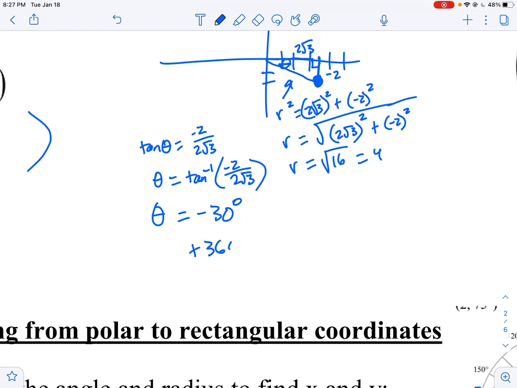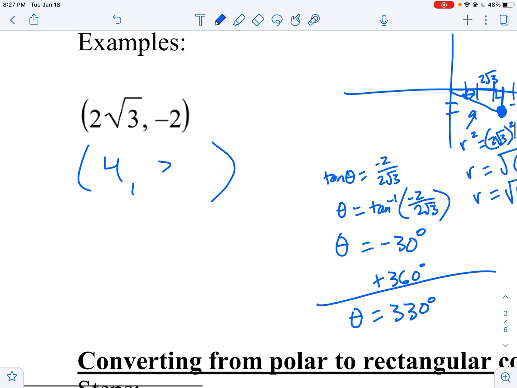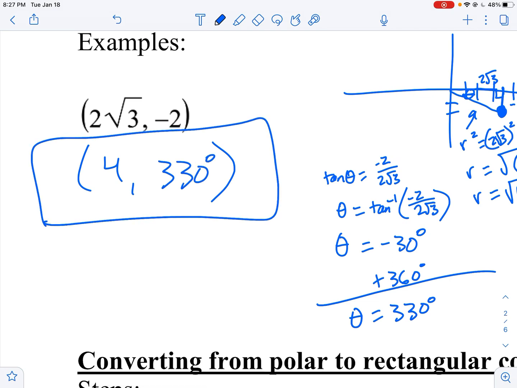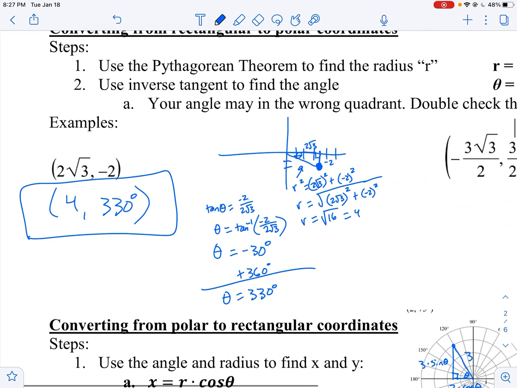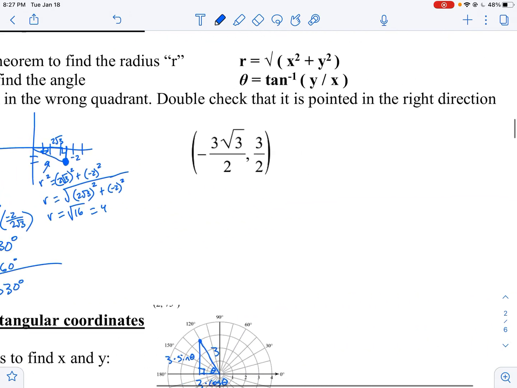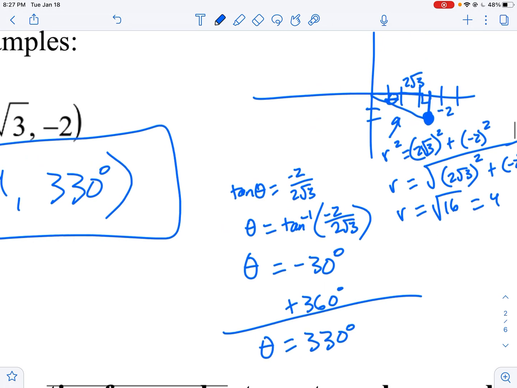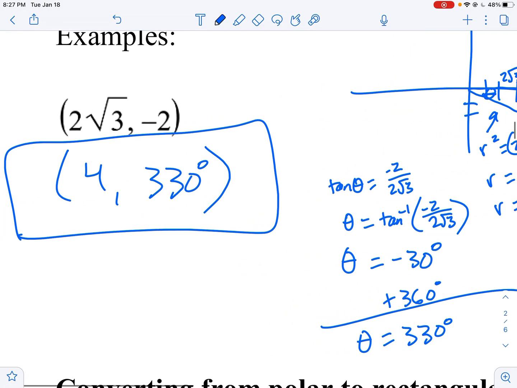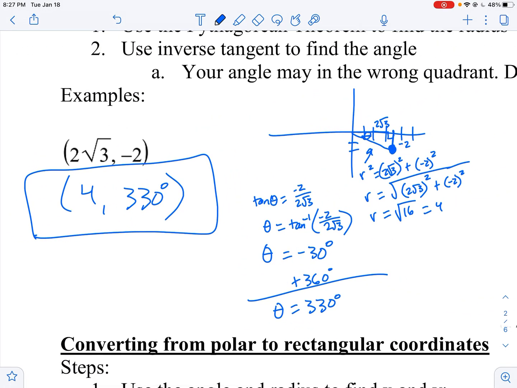Do a positive coterminal angle with it. And so we'll say it's 330 degrees. And so that's what we'll put in here. We'll try and keep our angles positive. All right, so that's that process. So hooray, we converted it to polar coordinates.